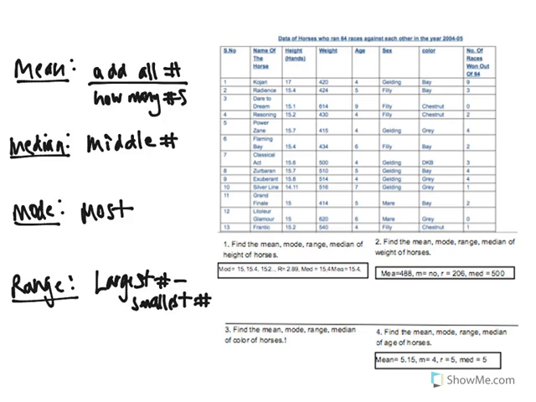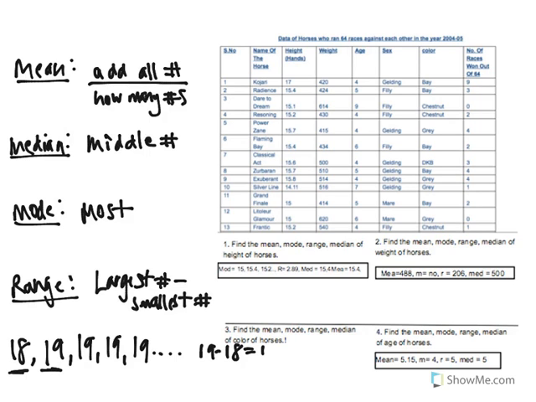So let's say in one classroom I have an 18-year-old and then everyone else is 19. The range of this classroom would be 19 minus 18, which is just 1. So there's only 1 year of difference between the youngest student and the oldest student.